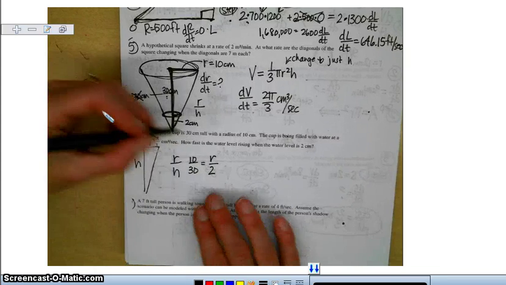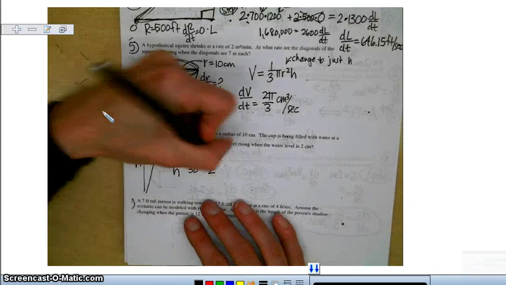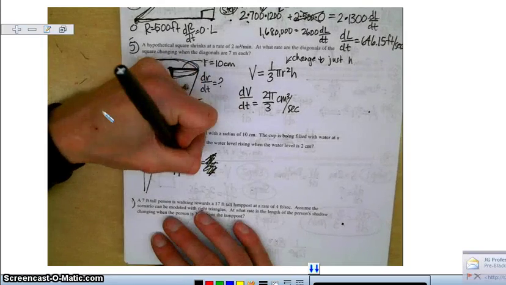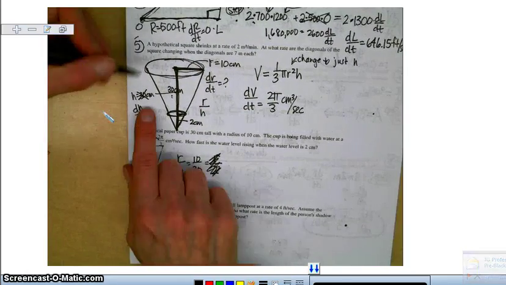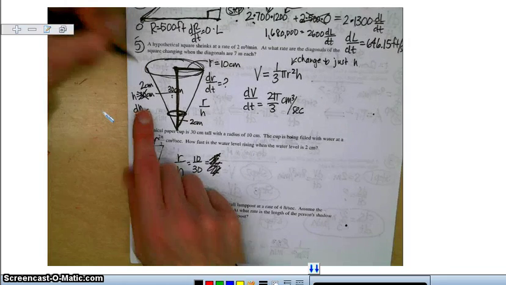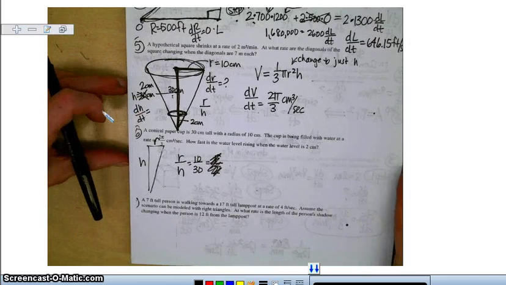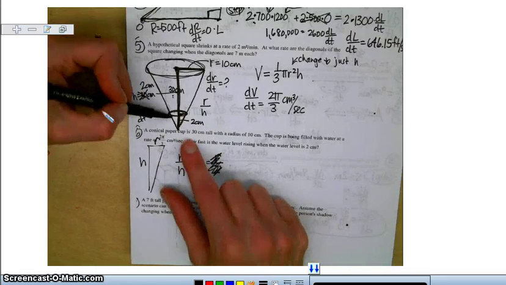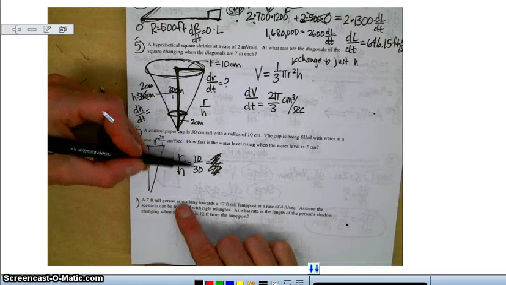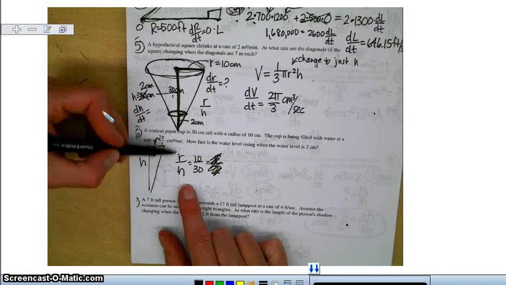No, I don't want the, never mind, get rid of the 2, r over h. So, back up. All we want to do is say r over h equals 10 over 30. The 2 is actually going to be h in the problem that we plug in, because that's the height we're interested in. So we take our general dimensions, radius over height equals 10 over 30.